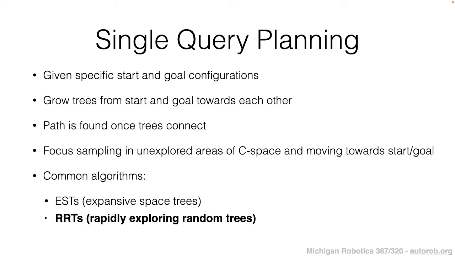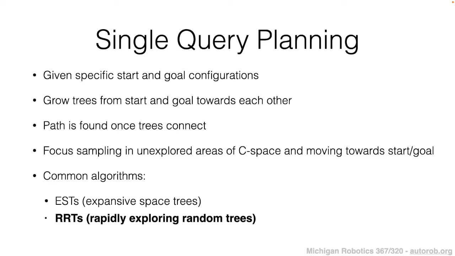And so typically the way that these single query planning algorithms will work is they will grow trees that are rooted at the start and goal node towards each other, forming then a path once the trees connect. And so the focus of these algorithms is going to be to sample in unexplored areas of configuration space while still moving towards either the start or the goal node, respectively.